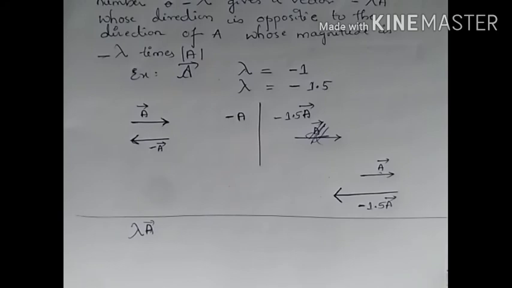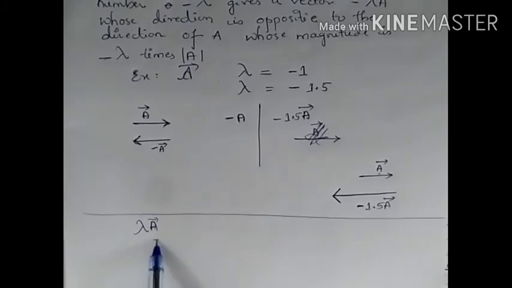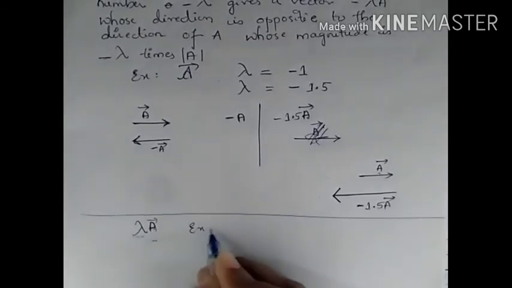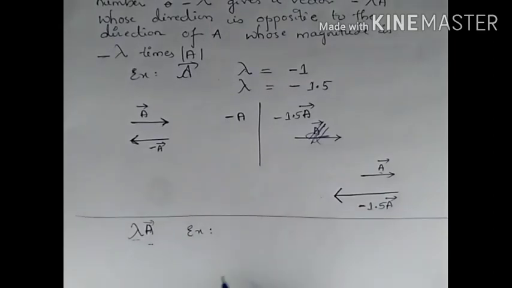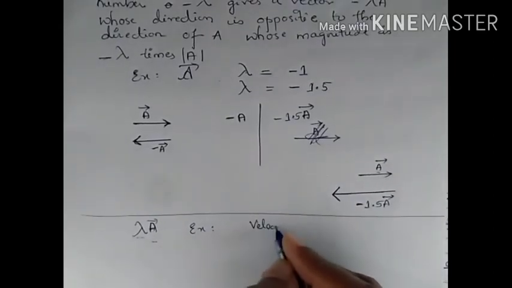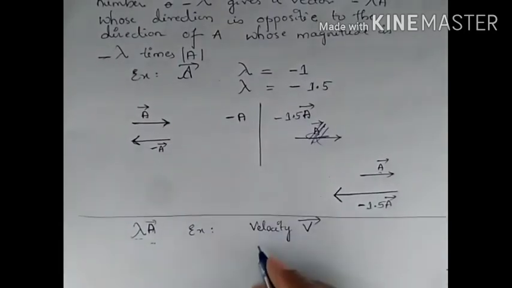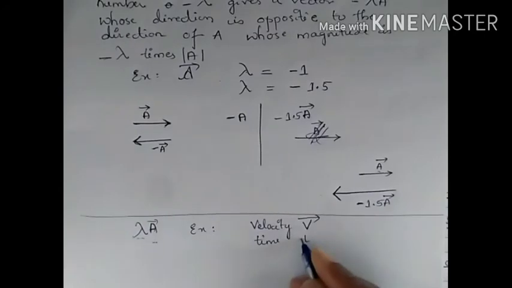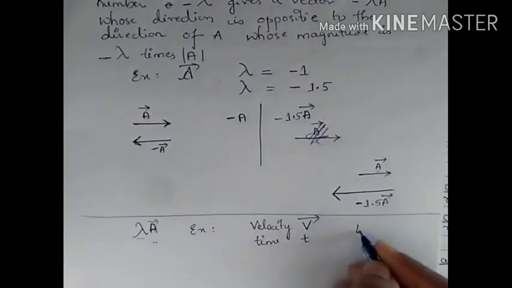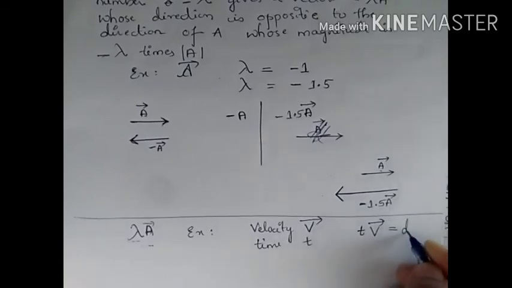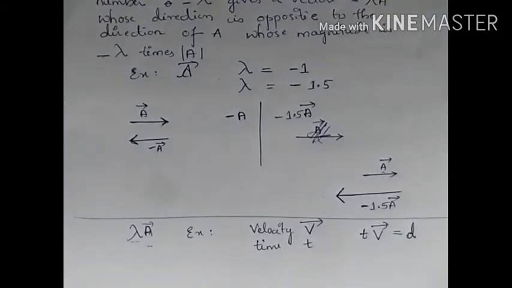Then the dimension of lambda A is the product of dimension of lambda and the dimension of A. So for example, you have a velocity which is a vector quantity and you have a time which is a scalar quantity. If you multiply t with v, then what will you get? You will get displacement d. So d is a vector quantity.